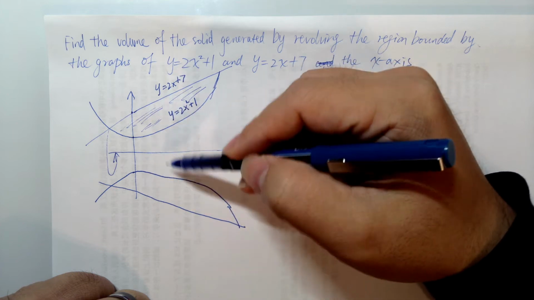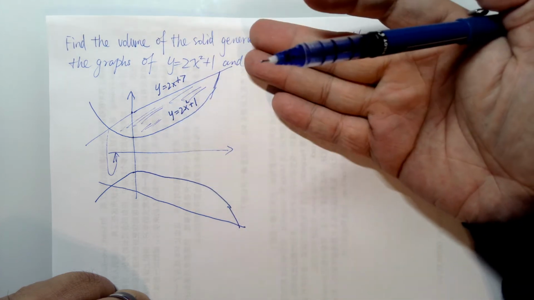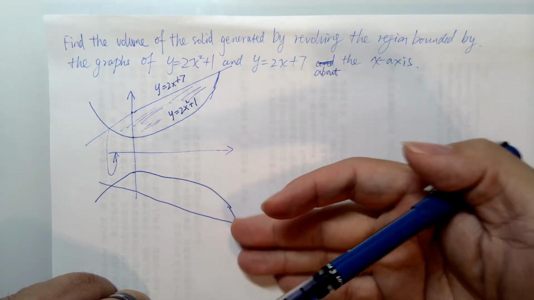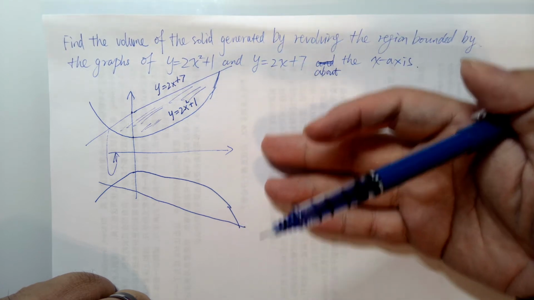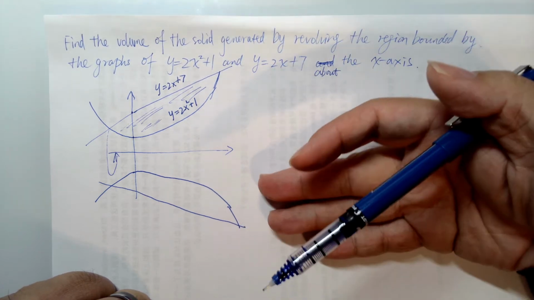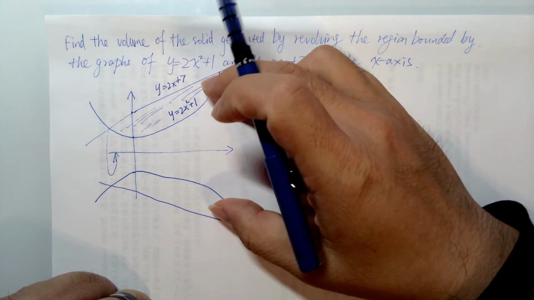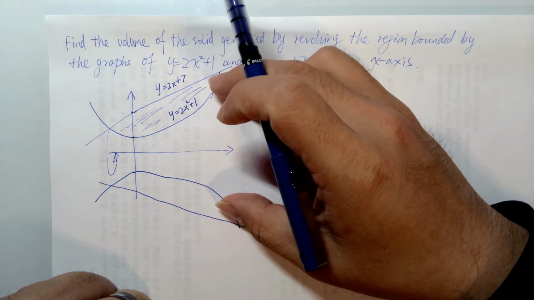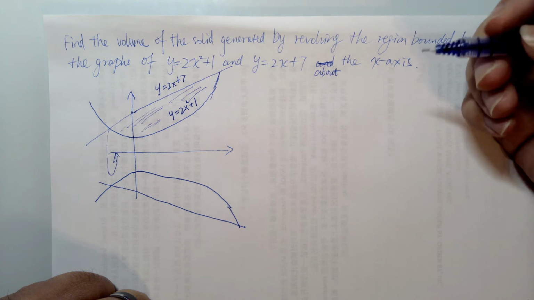This is kind of like if you cut that solid and slice it along this XY plane, that's the two thin pieces from that solid here.